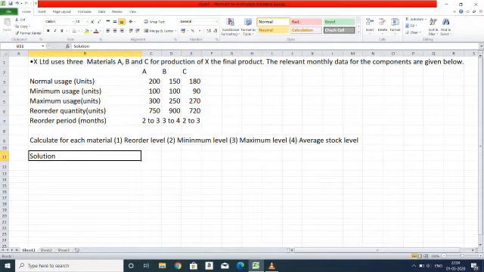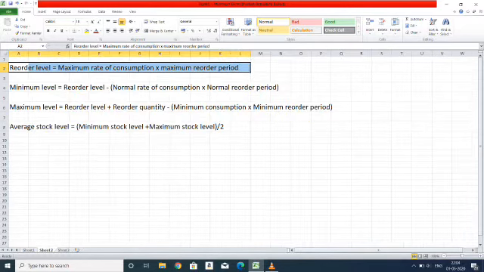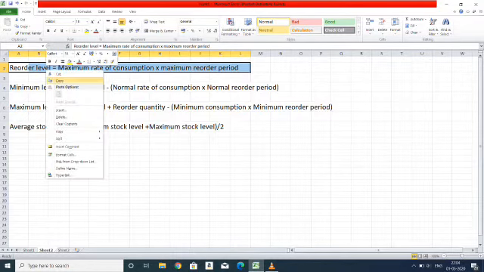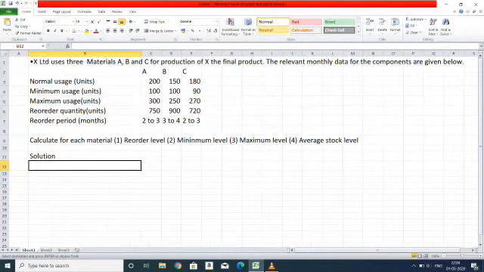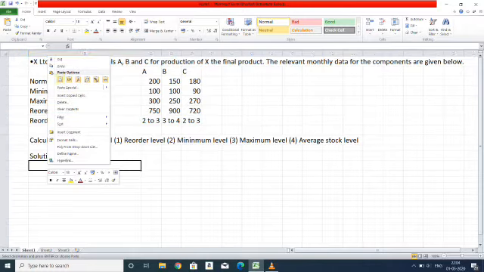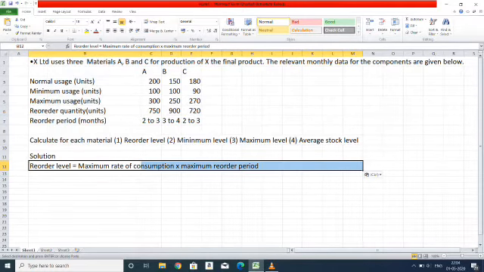First of all we have to calculate reorder level. Reorder level is equal to maximum rate of consumption into maximum reorder period.